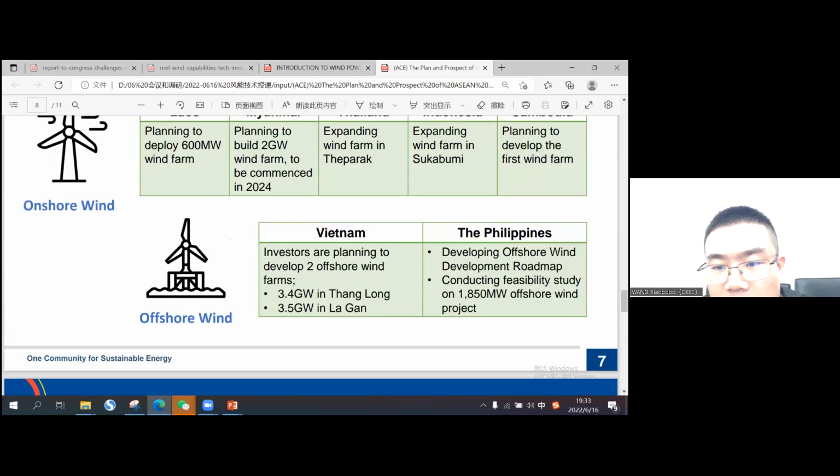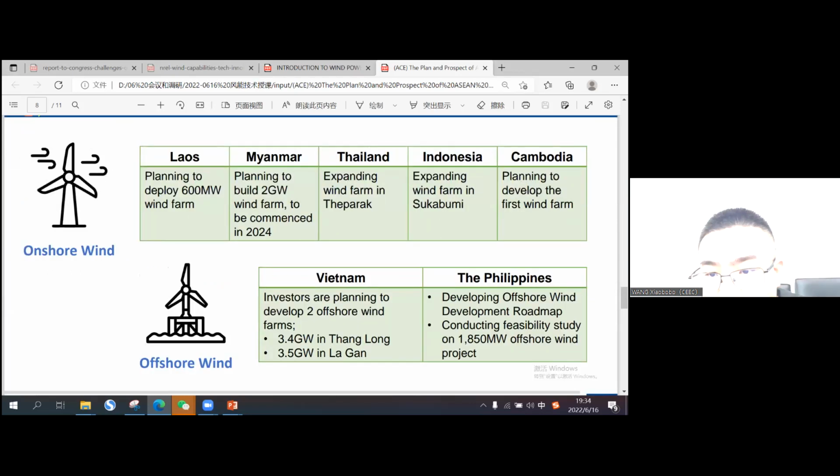For example, the Philippines is conducting a feasibility study and an offshore wind development roadmap. I have been an Asian Development Bank energy expert, and I've been to the Philippines several times before COVID-19. So I think the Philippine conditions are quite good for offshore wind development.